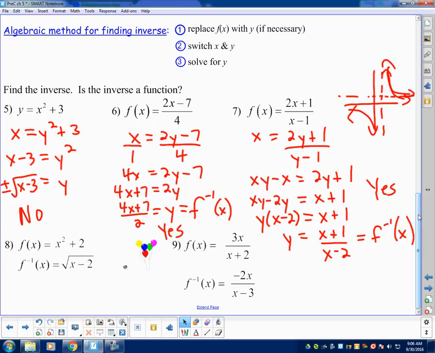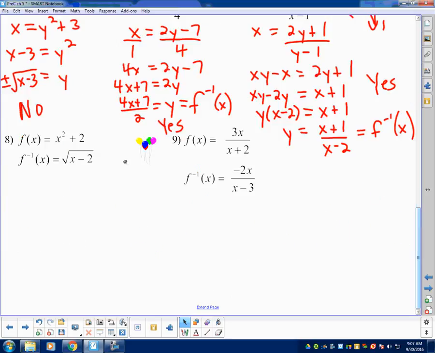So it says instead of f of x and g of x, I have now f of x and f inverse of x. So if we're going to prove that these are inverses, what am I asking you to do? You put this inverse into the spot of x. Yep. Put the inverse into the spot of x in the other one. So it looks like this. f of f inverse of x.